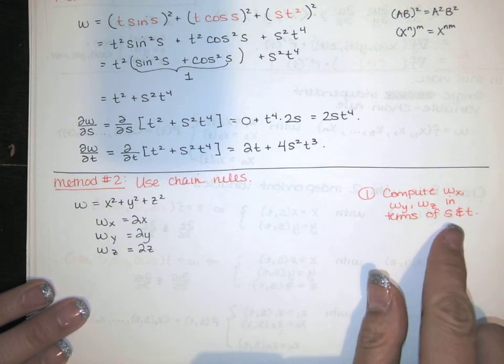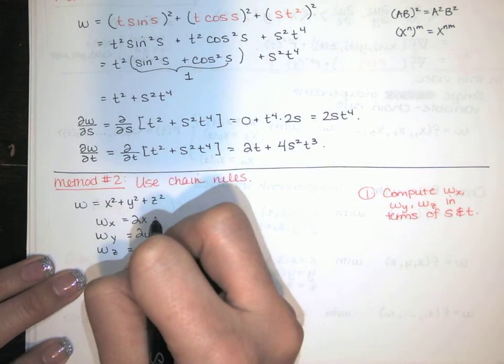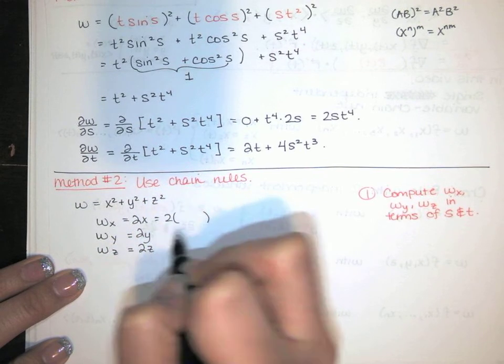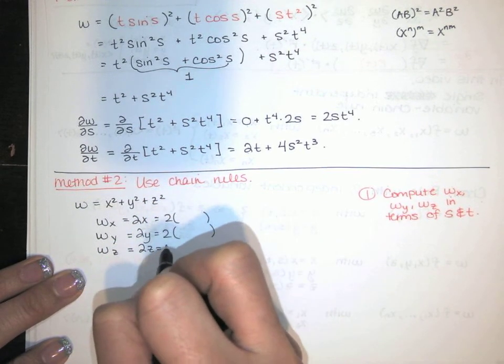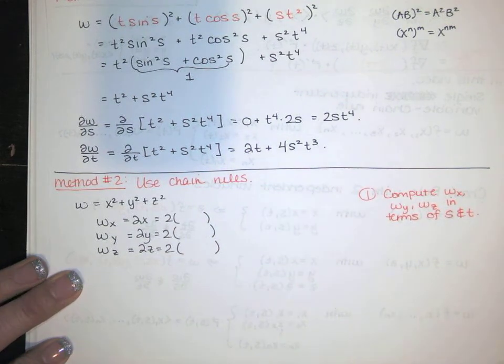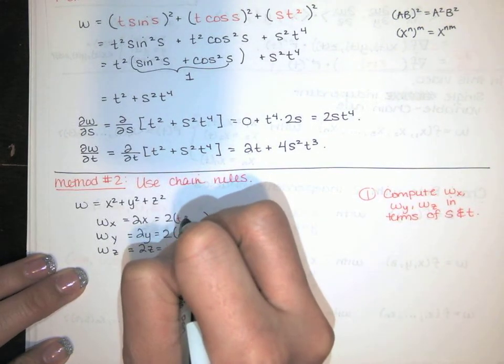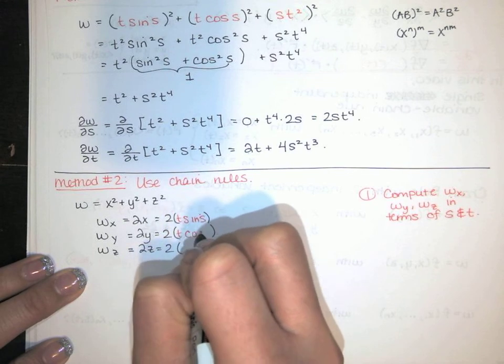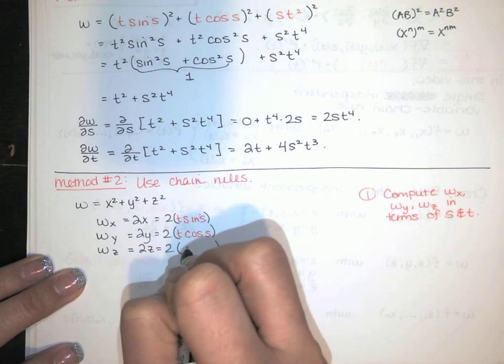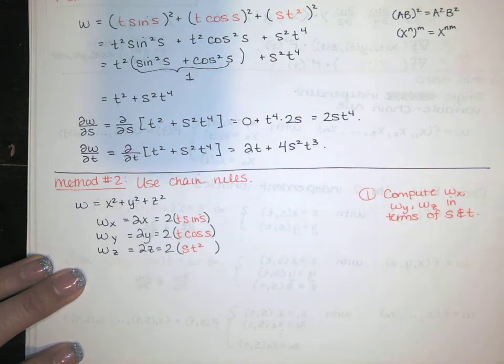Easy enough. I want them in terms of s and t. So I replace my x with whatever it was in terms of s and t. I replace my y with whatever it was, and I replace my z with whatever it was. X was t sine of s. Y was t cosine of s. And z was s t squared.